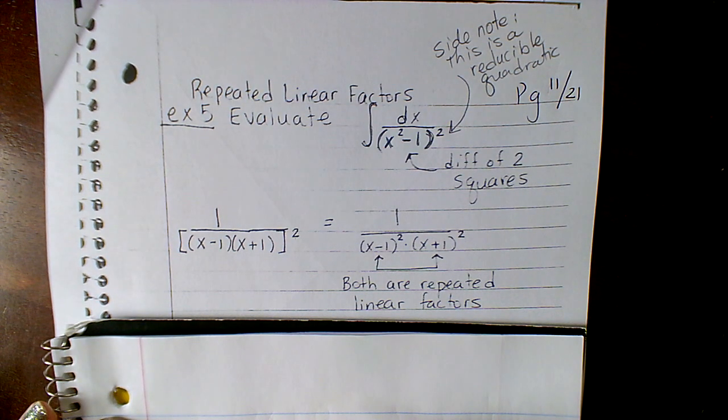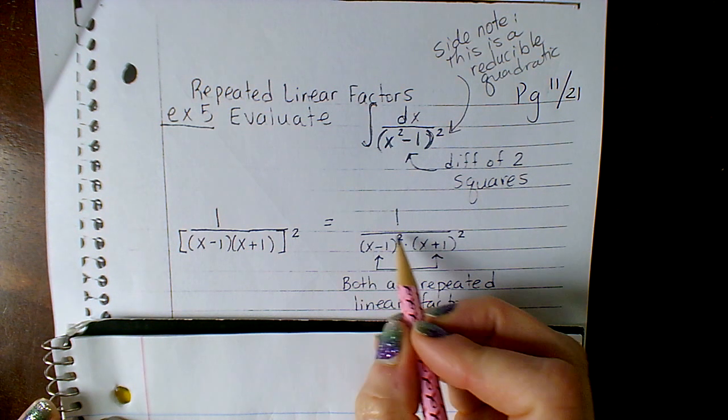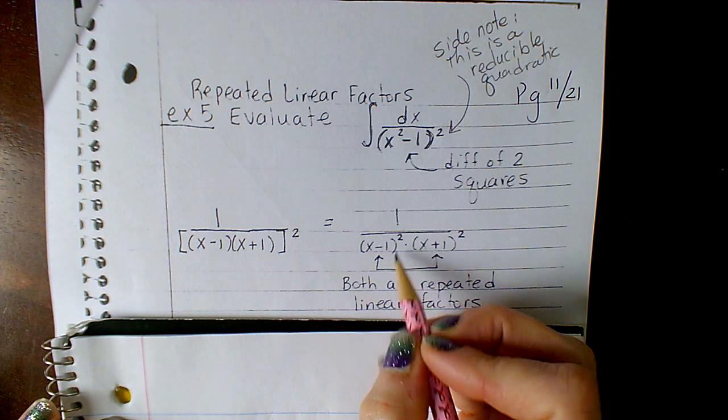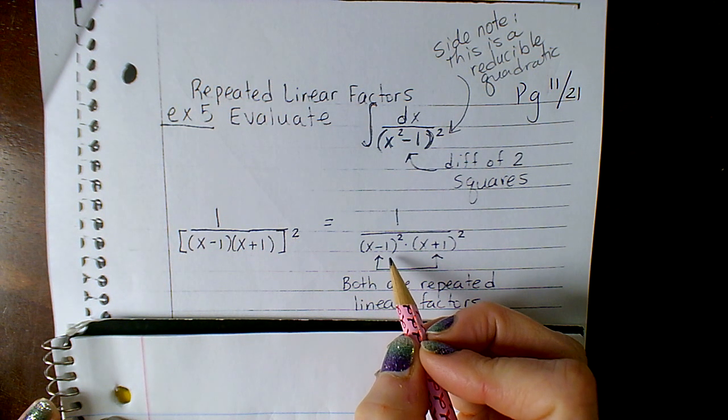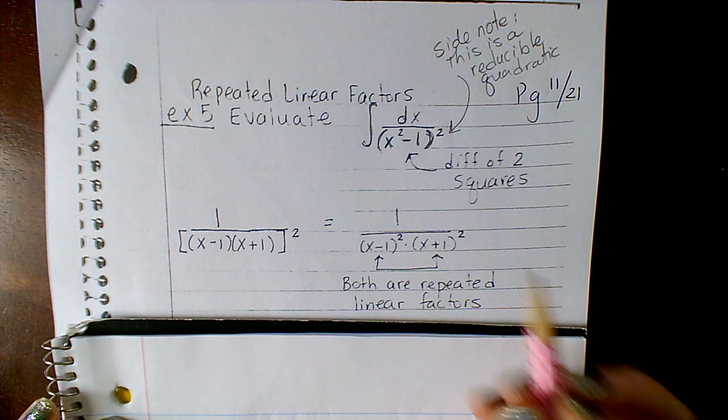We are going to have to set this up kind of like two separate problems together. So remember with the last one, we just had x minus 3 quantity squared, and we had A over x minus 3, B over x minus 3 squared. I'm going to have to do that twice.